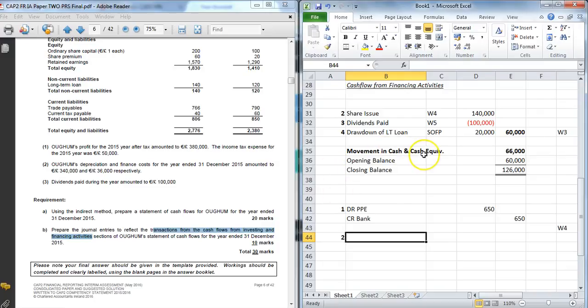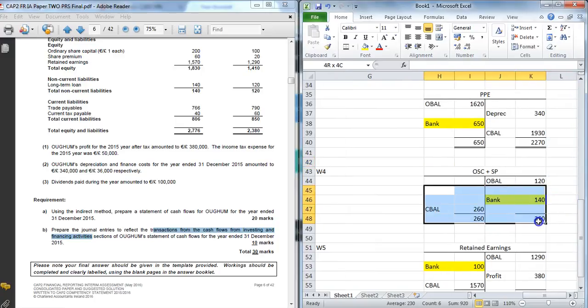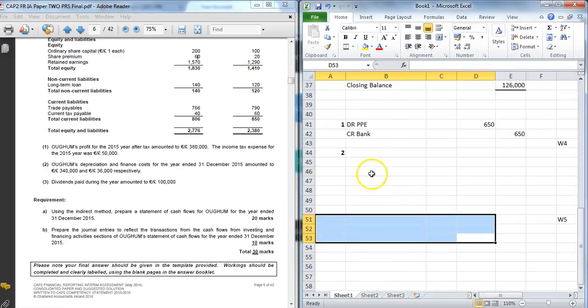For the share issue, and this is where students may get caught out, make sure you split it between the share premium and share capital for the journal entry. Yes, it didn't make any difference here because we looked at the 2 accounts together, but you're going to debit bank 140, but just make sure you split it out between the ordinary share capital, which you know here the movement was 100, and share premium, which the movement was 40. So that's just where you'll get caught out there.